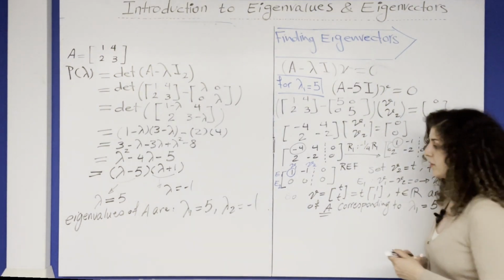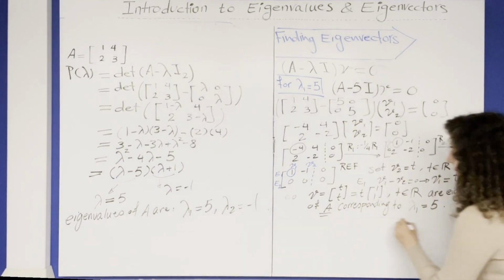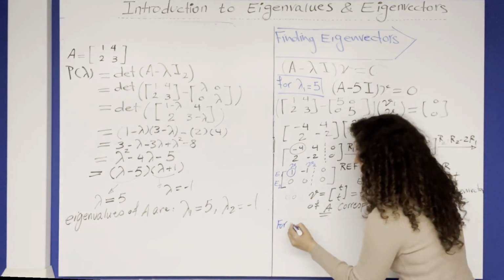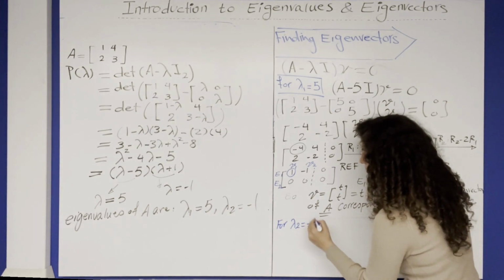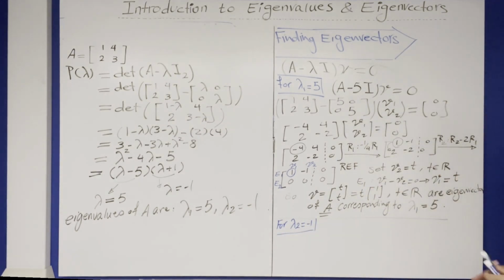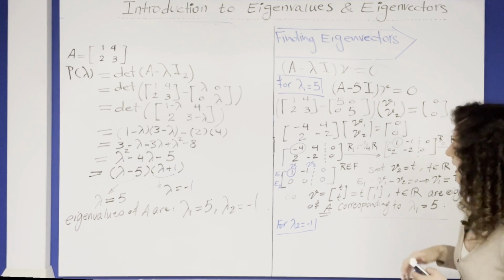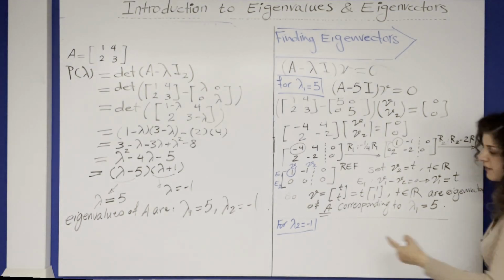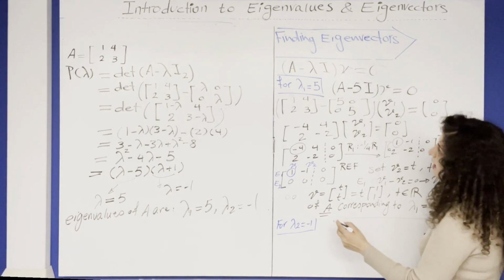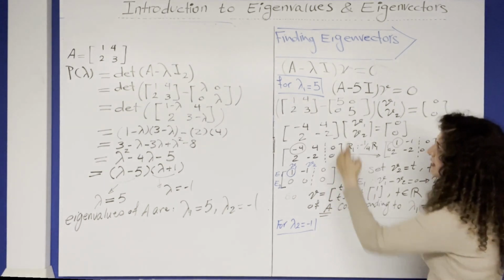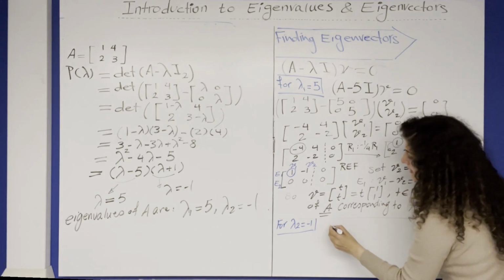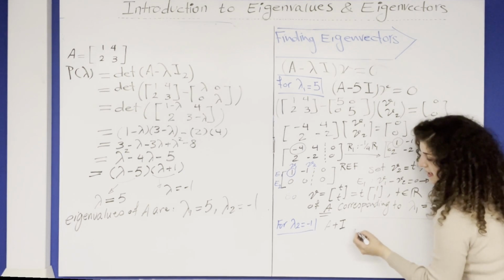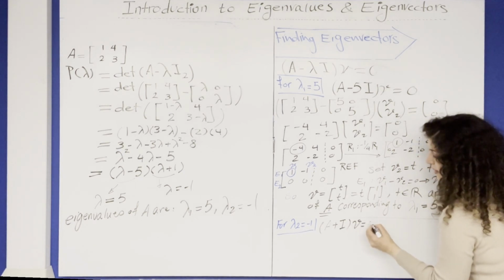All right, so we can repeat this step for the other eigenvalue to find the set of eigenvectors corresponding to that eigenvalue. So for lambda 2 being negative 1, again, I'm going to use this equation and find eigenvectors corresponding to this. So here, if I replace lambda with negative 1, I get a minus identity, which is going to be plus identity, times v is 0.